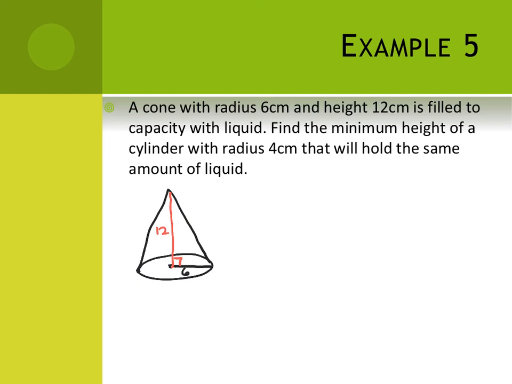It says a cone with a radius 6 centimeters and a height of 12 centimeters is filled to capacity with liquid. Find the minimum height of a cylinder with a radius of 4 centimeters that will hold the same amount of liquid. So let me go ahead and draw a cylinder.